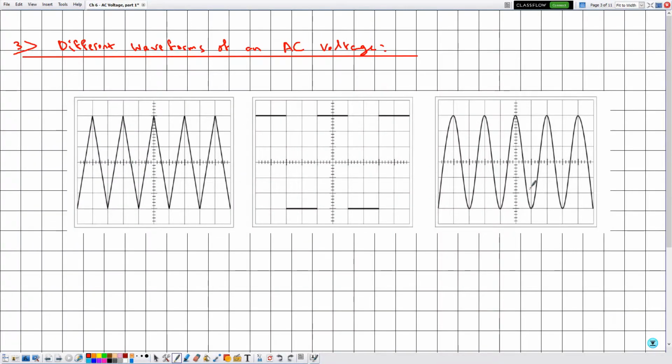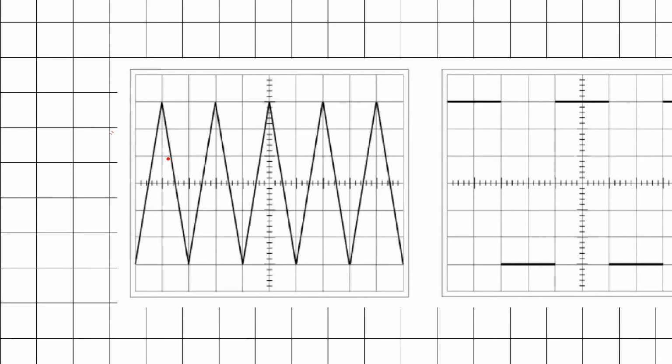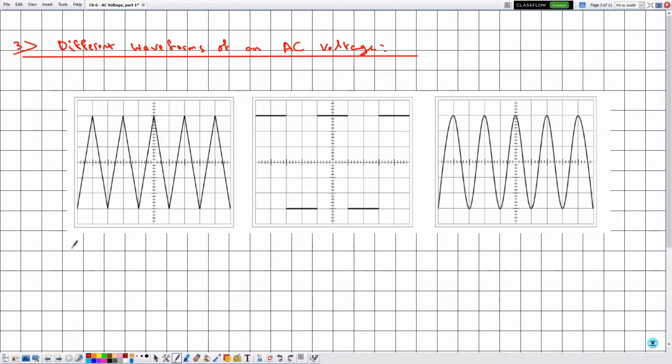Now, what do we call each of these waveforms? Because this shape is triangular, we give it the following name: alternating triangular voltage.